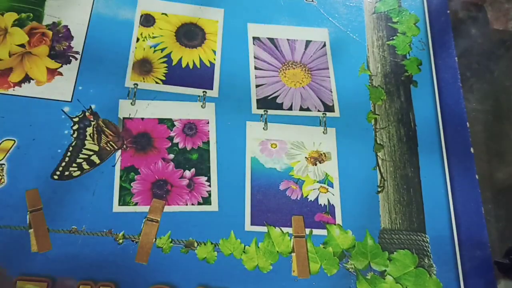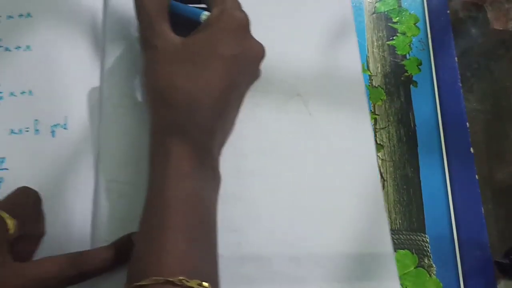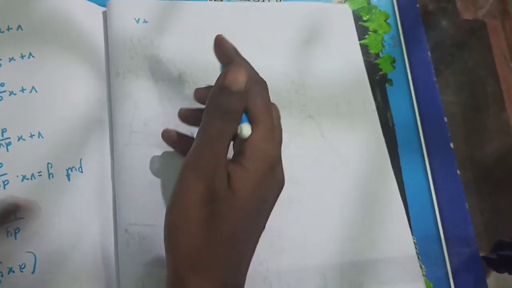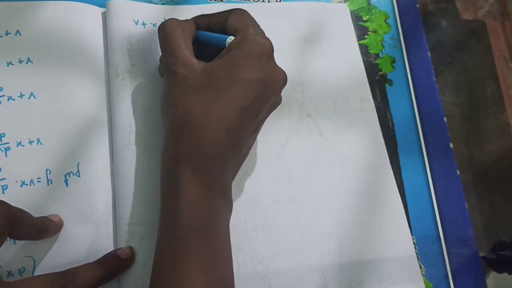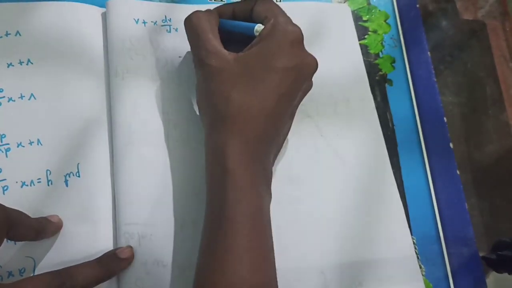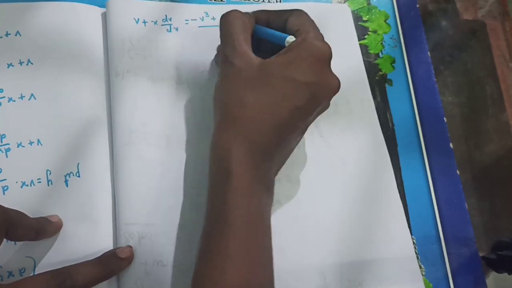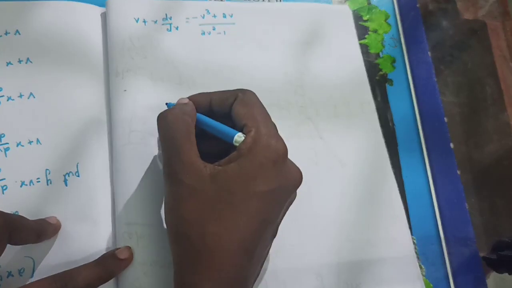Understand? So what's the balance next? v plus x into dv by dx is equal to, minus is there, so minus v cube plus 2v divided by 2v square minus 1.